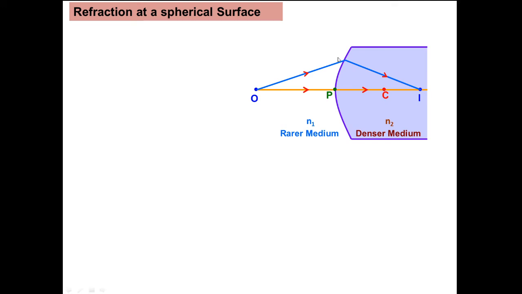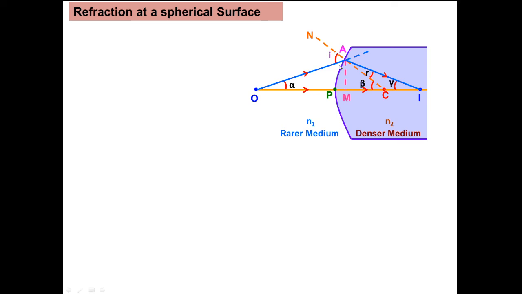So we can say at point A, refraction will take place, and at I, its real image is formed in the denser medium. Now, the angles: at point A, the angle of incidence is i, and the angle between the normal and the refracted ray is the angle of refraction r. Let the angle between the incident ray OA and the principal axis be alpha. The angle between the principal axis and the normal is beta, and the angle between the principal axis and the refracted ray is gamma.